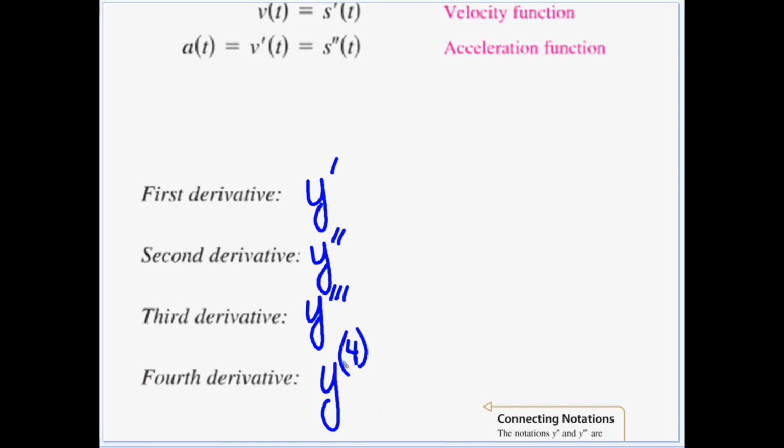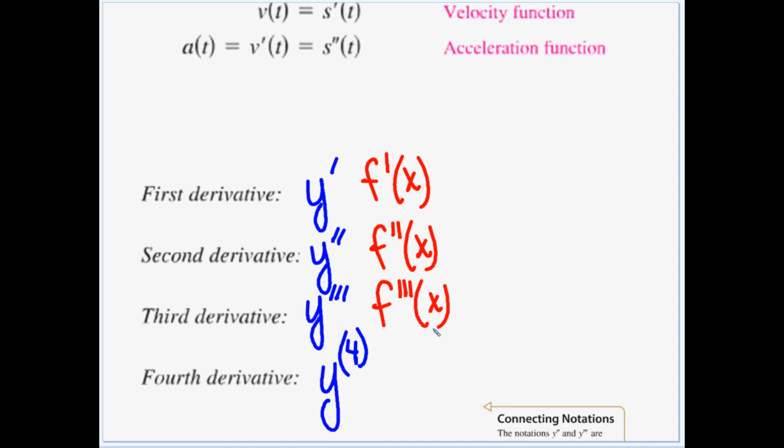That will denote a fourth derivative. Anything higher than that, you'll just have a number inside those parentheses. For the function notation, we could do f prime of x for first derivative, f double prime of x for second, f triple prime, and then the fourth derivative of x.